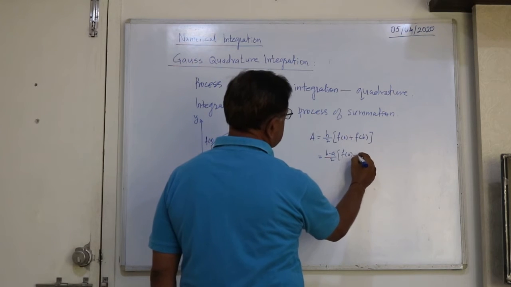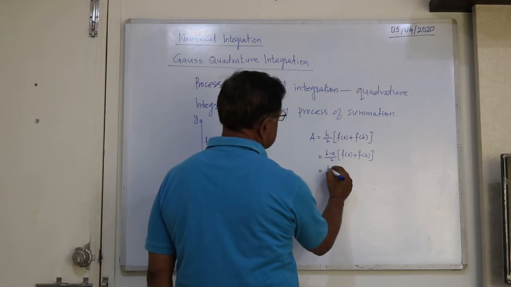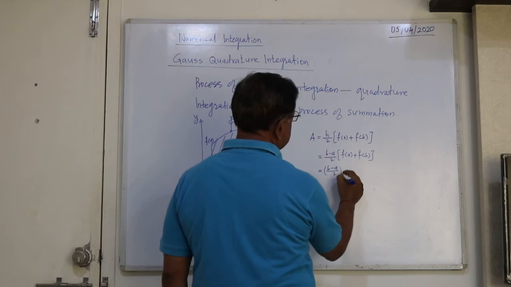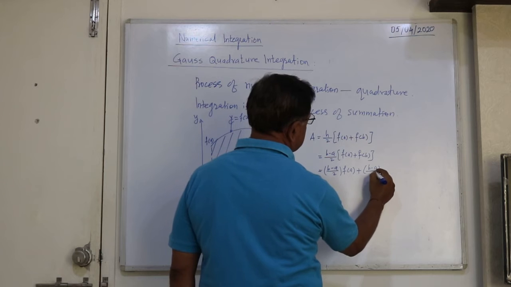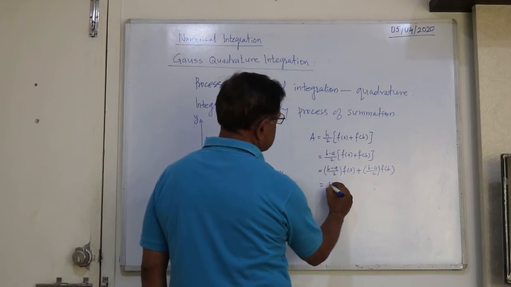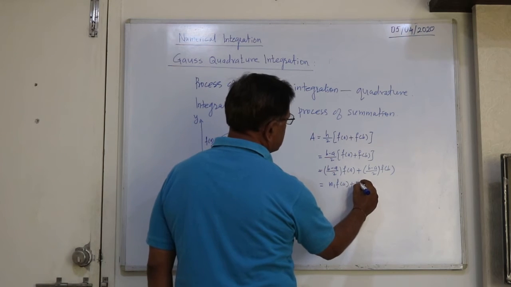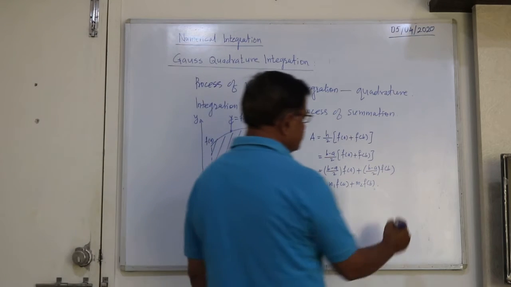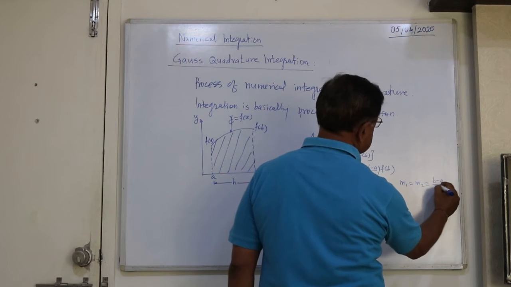So this becomes b minus a by 2 times f of A plus b minus a by 2 times f of B. So this is nothing but m1 f of A plus m2 f of B. Here m1 and m2 are equal, so m1 equal to m2 equal to b minus a by 2.